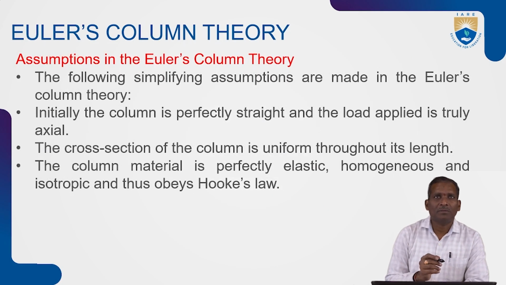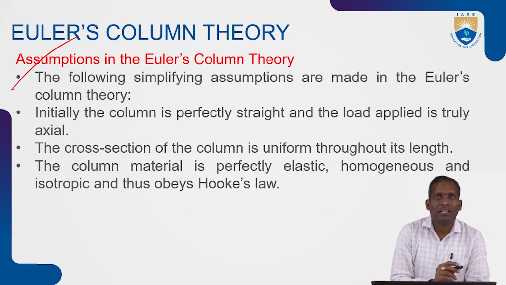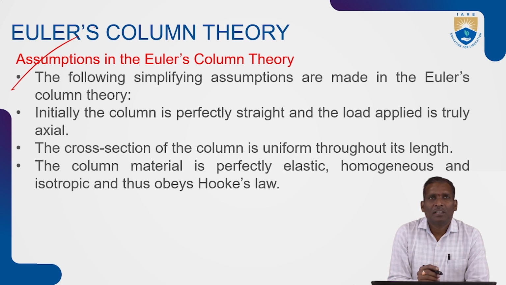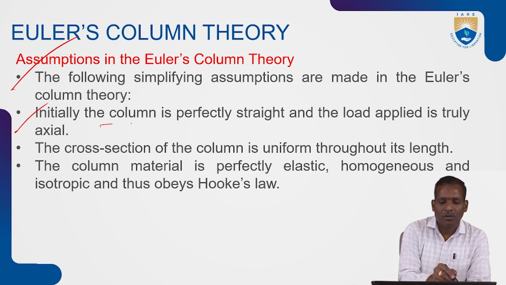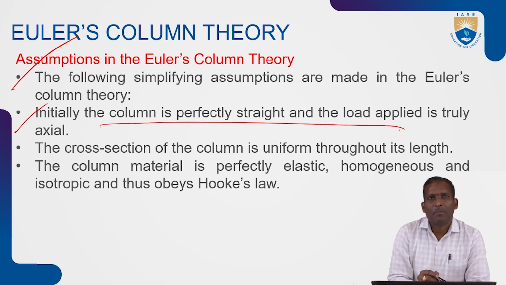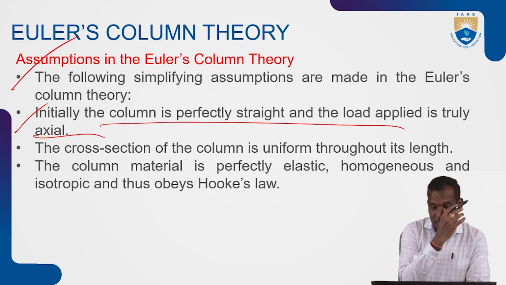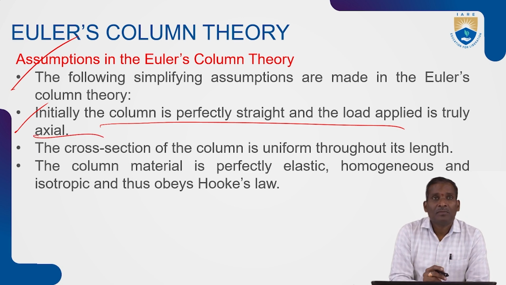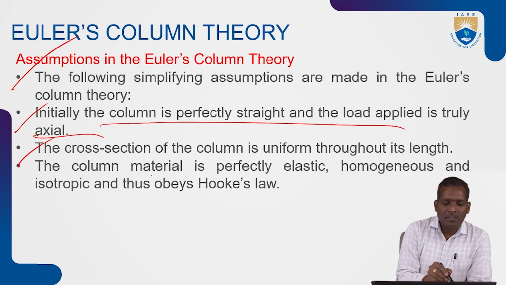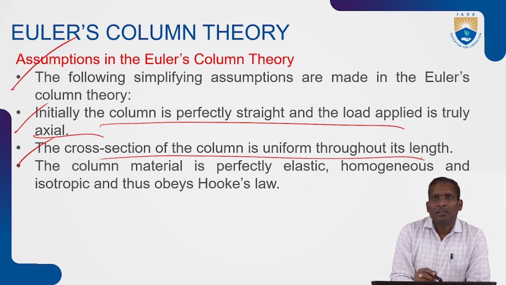Next, what are the assumptions made in Euler's theory? The following simplifying assumptions are made in Euler's column theory. Initially, the column is perfectly straight and the load applied is truly axial. The cross section of the column is uniform throughout its length.